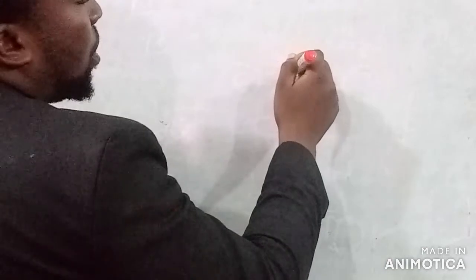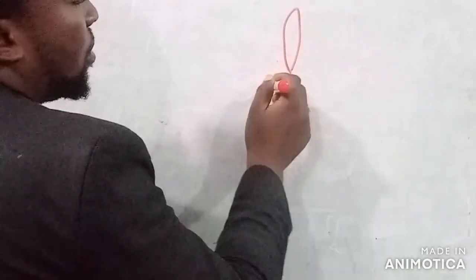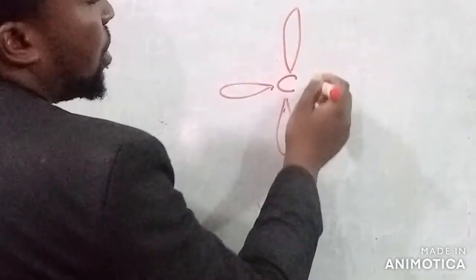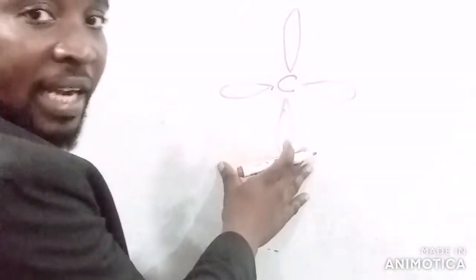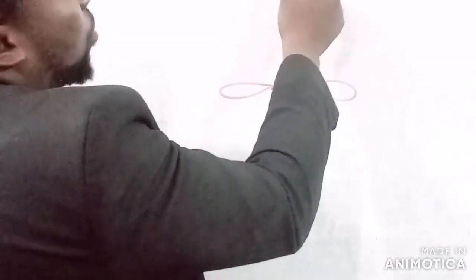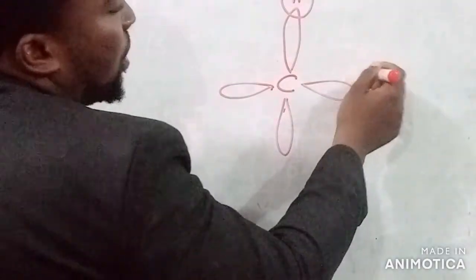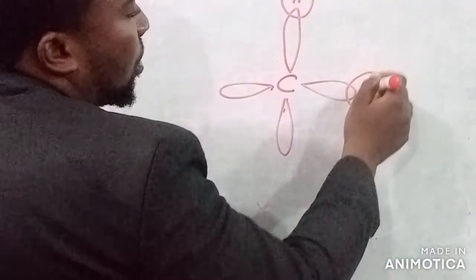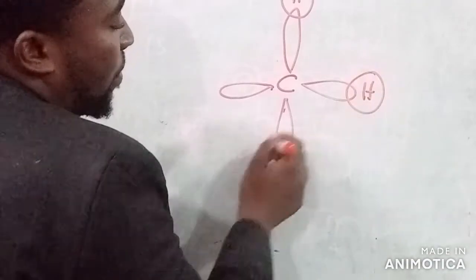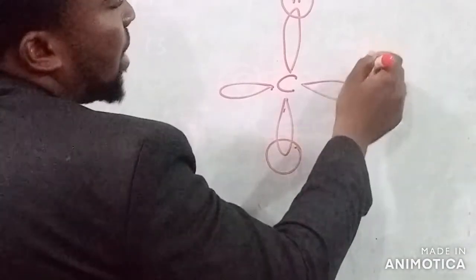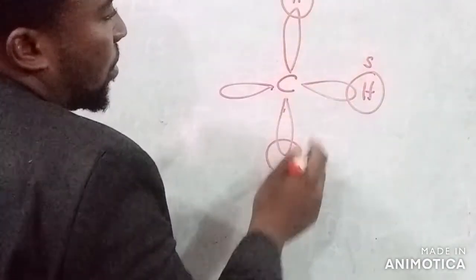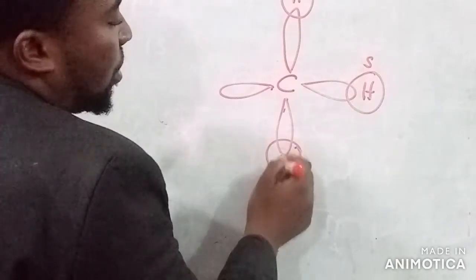So you have the carbon atom having the lobes, the electron clouds, in this manner, like in the case of methane. Then the hydrogen will come in at this point. So this is assumed to be the hydrogen, with the s orbital. This is the s orbital from the hydrogen.